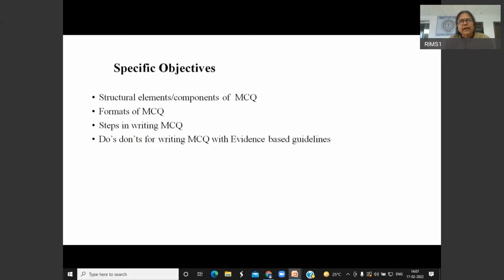One has been written by Susan et al., and he has discussed different structures and different formats of MCQs. And one more review book is by Dr. Haladyna et al., where he researched a large number of textbooks, literature and articles, and then wrote a review, and depending upon that review, he framed a few guidelines on the different structural elements.